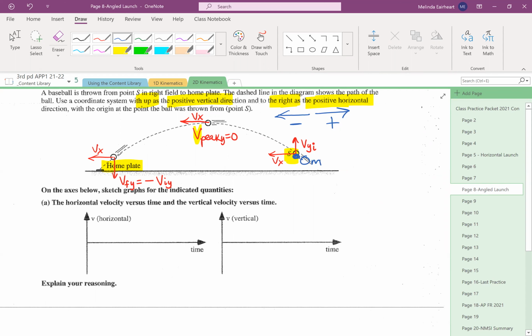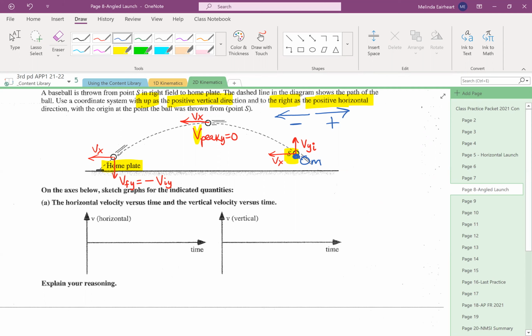On the axes below, sketch the graphs for the indicated quantities. And we already did take a look at the velocities. It's the same story as what we just went over. The horizontal velocity is constant, and then the vertical velocity decreases on the way up to 0, and then it increases.